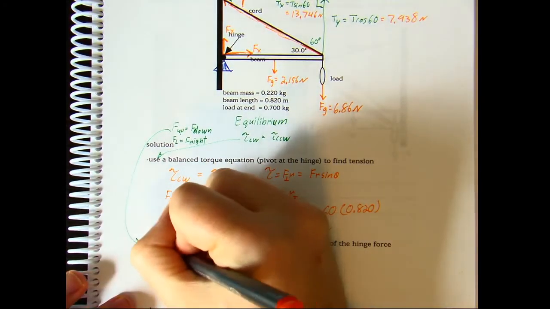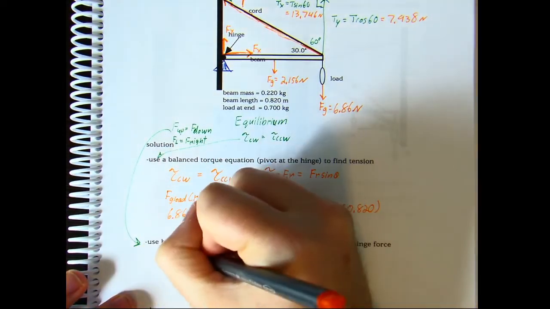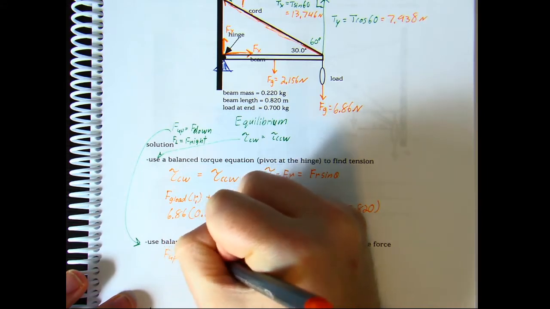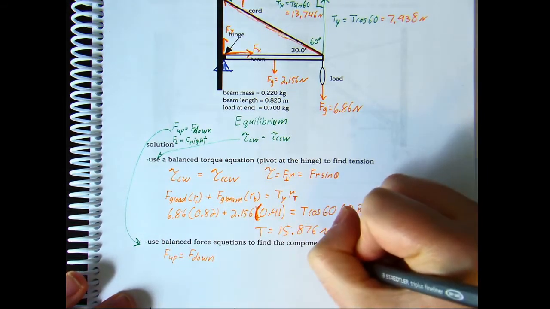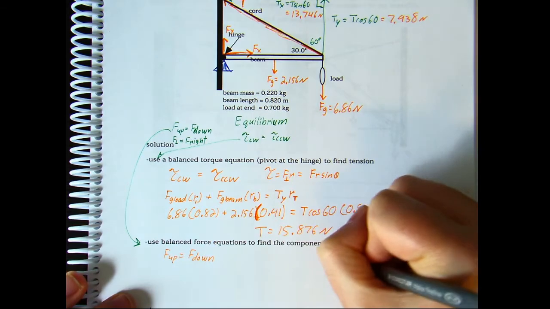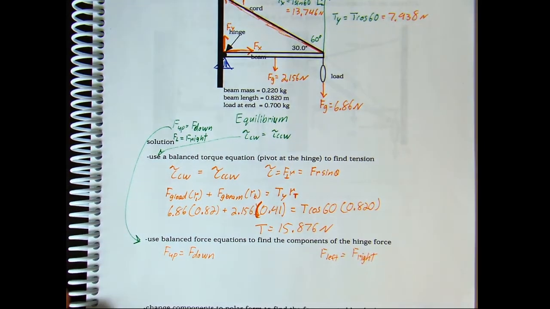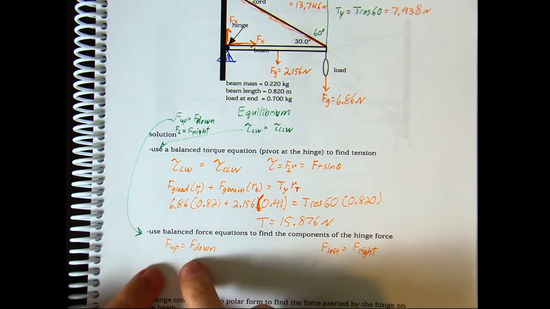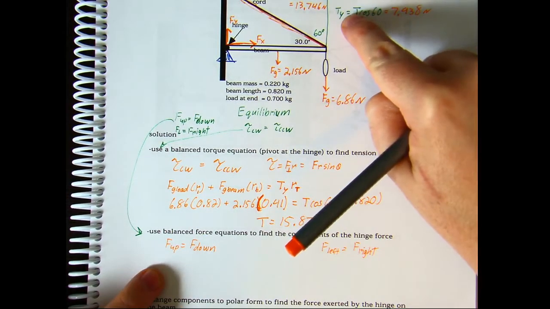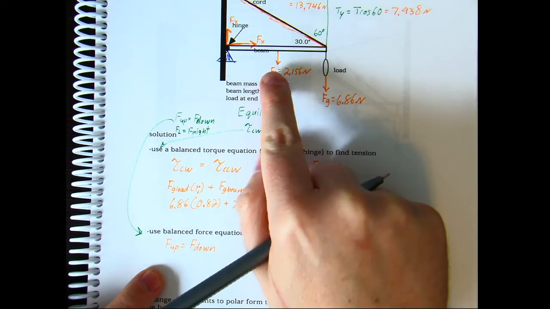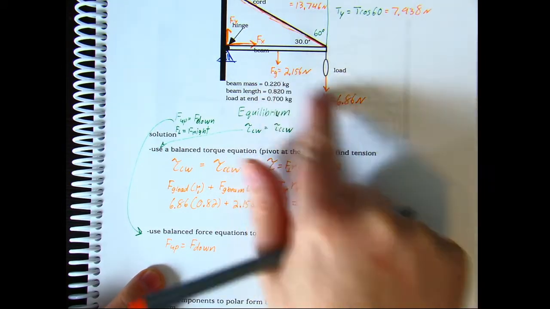So I've got F up equals F down. I'm going to set up the other ones over here. F left equals my forces right. So my upward forces are Ty, Fy. My downward forces are the two Fgs.